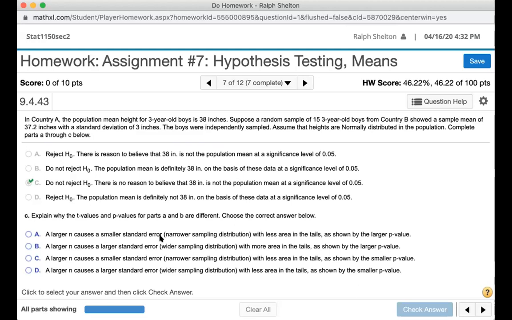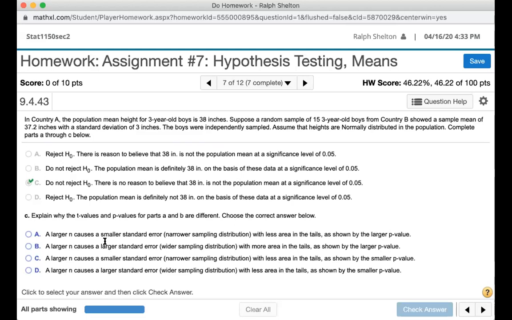And that makes sense, right? With a larger sample size, we can have more faith that the average we got is probably going to be closer to the true average. So we'll have less variation in the averages. Okay, so that means it's a narrower sampling distribution. And this says with less area in the tails as shown by the larger p-value.